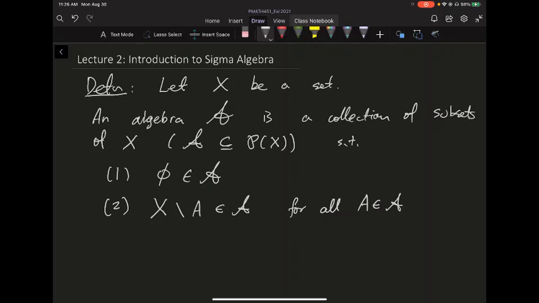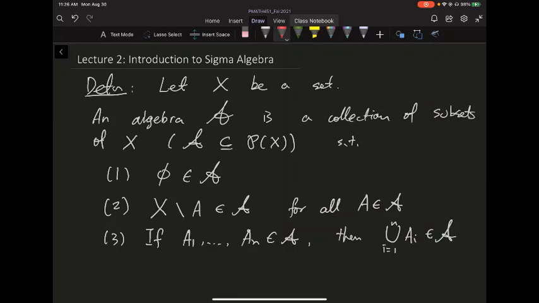Sometimes we call this closed under taking complements. And lastly, I would like to have the following property. If I have A1 up to An in A, a finite collection of sets in A, then I would like to have their union, the union as i goes from 1 to n of Ai, also in A. So their finite union is also in A. This is our definition of an algebra.